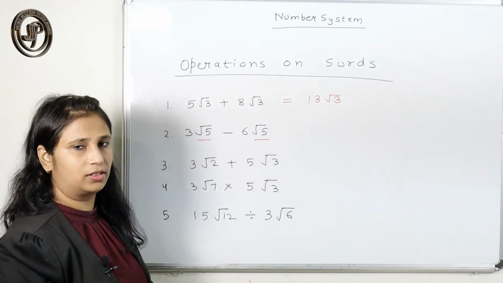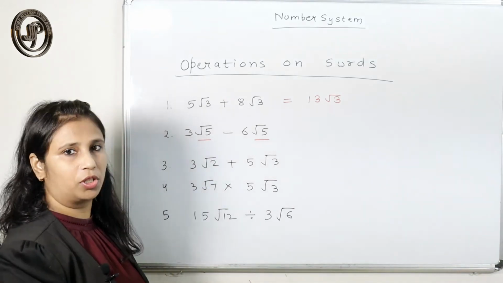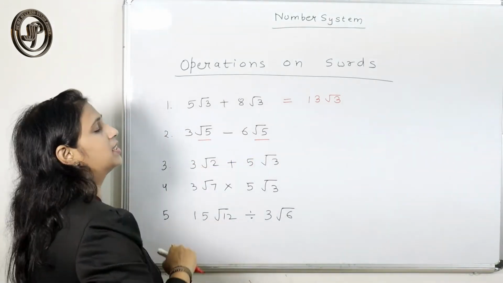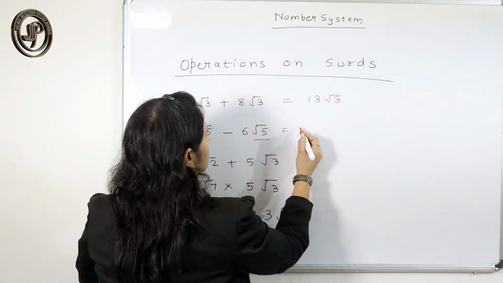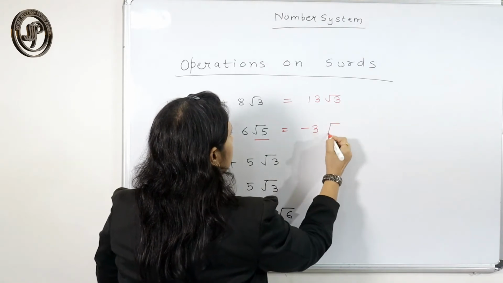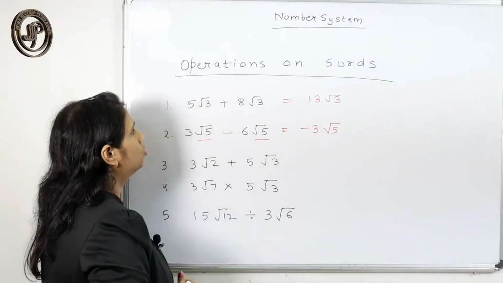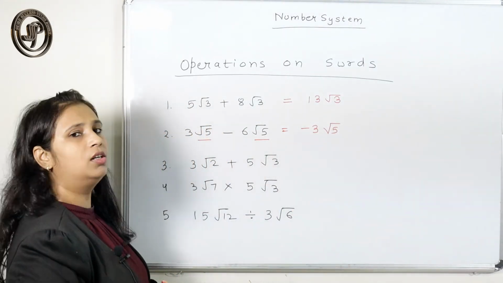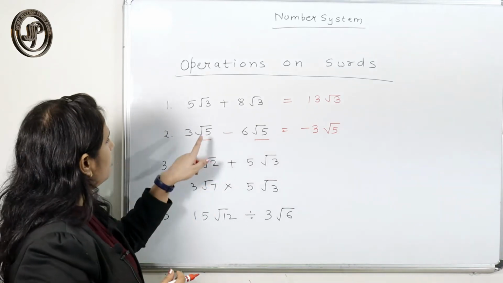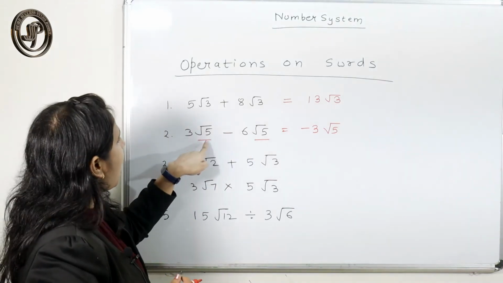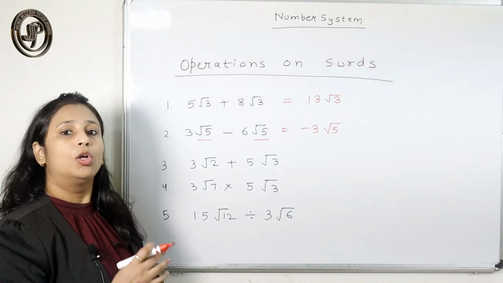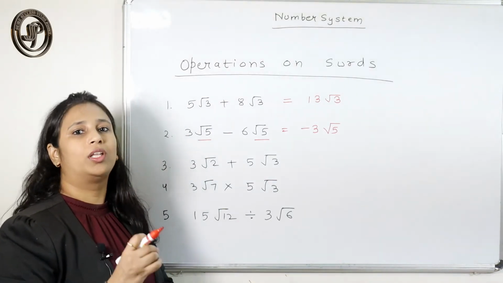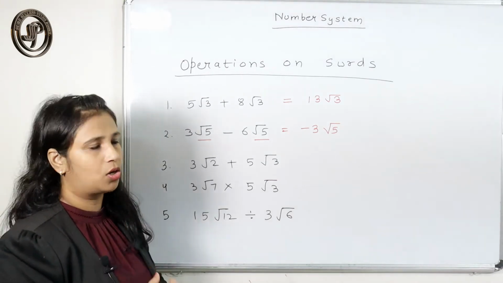So these are like surds, so you can do the operation. So 3 minus 6, 3 minus 6 is what? 3 minus 6 is minus 3 root 5. So this is the second operation. So here we can add or subtract them only when they are like surds. So first you have to check whether they are like or not.